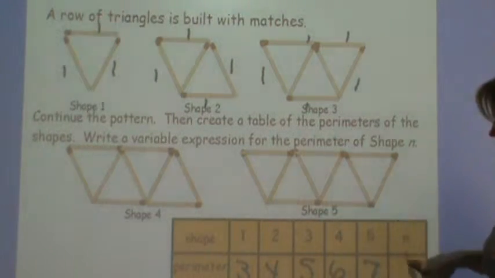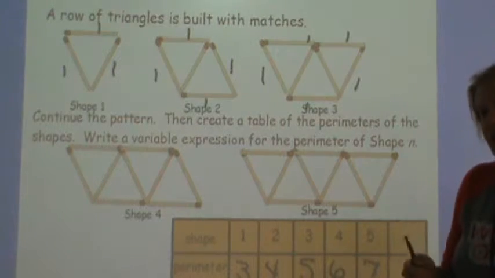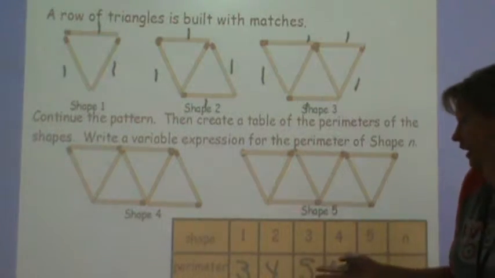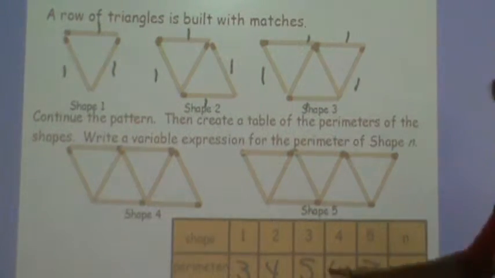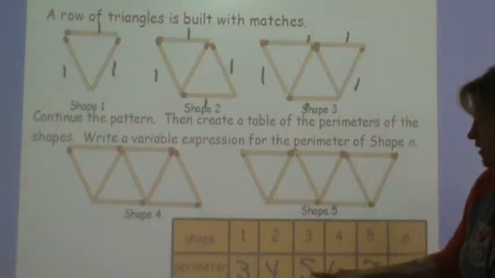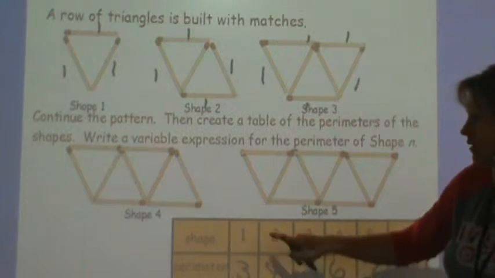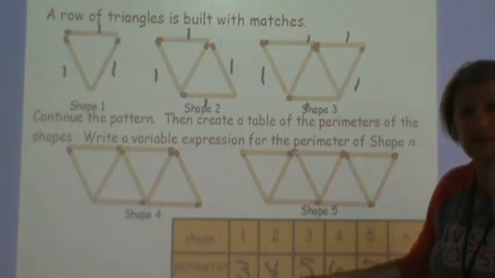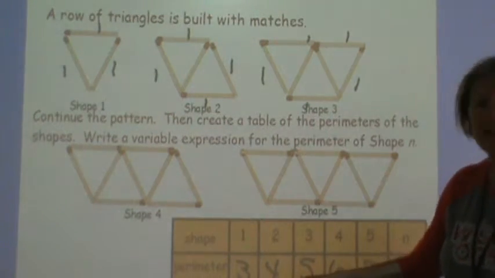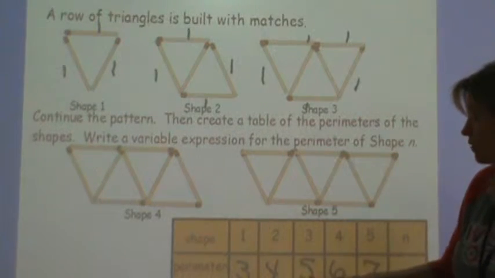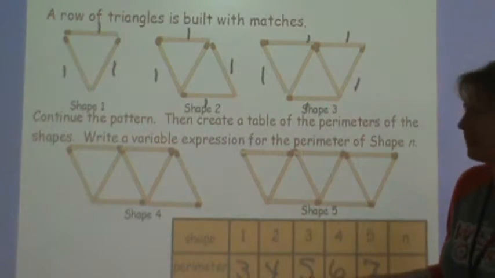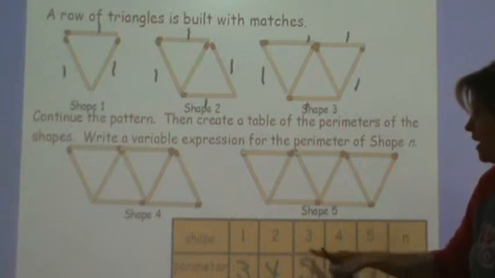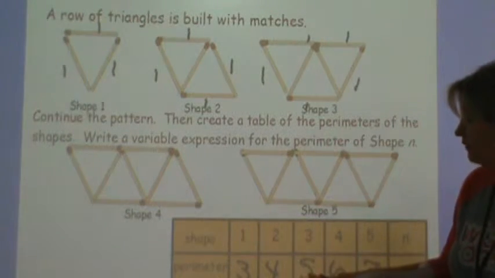So what this is going to do for us is create a little shortcut. To figure it out, we can't just add 1 every time. We've got to figure out a pattern from the shape to the perimeter. Well, from here to here, I can multiply by 2, but it's got to work for all of them. Is 3 times 2 equal 5? No, so it's not multiplying by 2. So let's try adding. 3 plus 2 is 5.